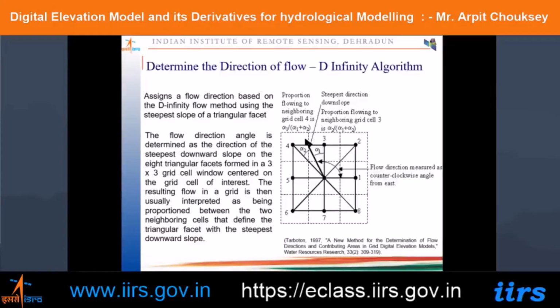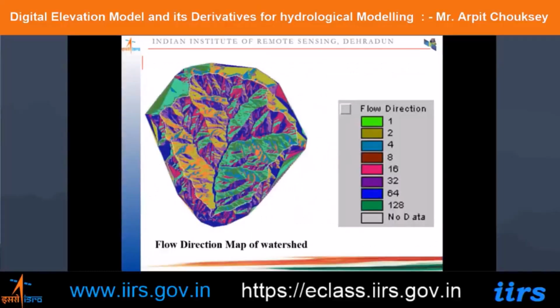The first gray color is showing 0 to 1000, that means 0 to 1000 pixels are contributing to that point. And after thresholding, the stream network is extracted from the flow accumulation map, and the red line is showing the main stream after a greater threshold.